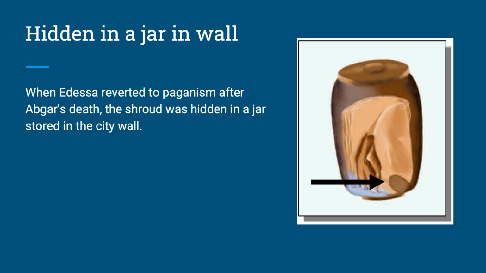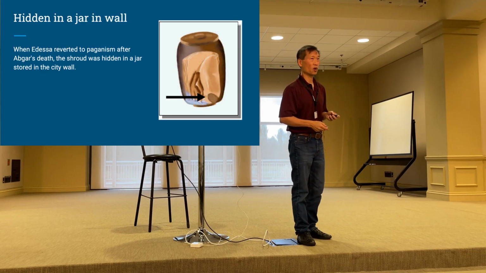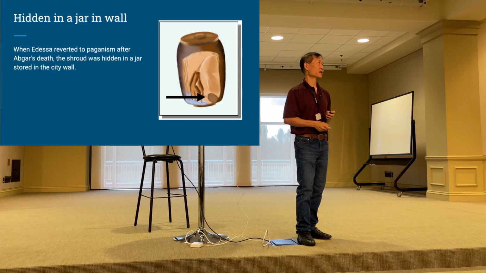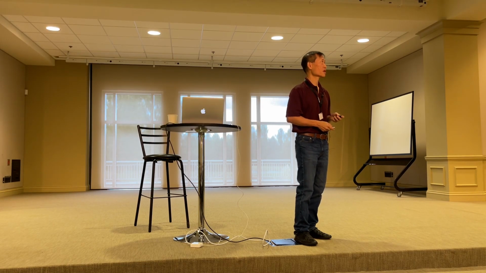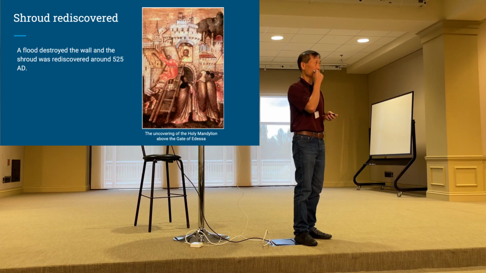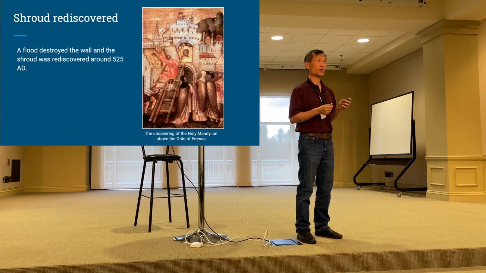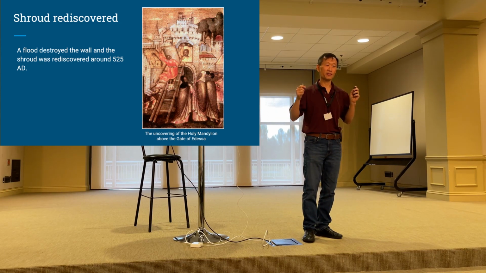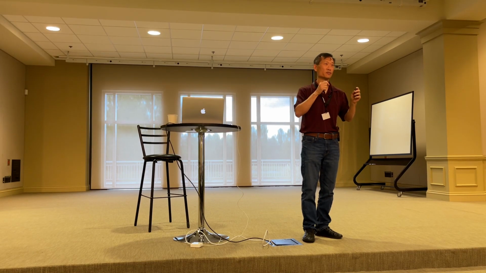After King Abgar, Edessa reverted to paganism, and it's theorized that the shroud was hidden in a jar and stored in the city wall in Edessa, and that was there for several hundred years. And then it was rediscovered in 525. And what's interesting about that is after that time, the images of Jesus in artwork started to all become very, very similar.